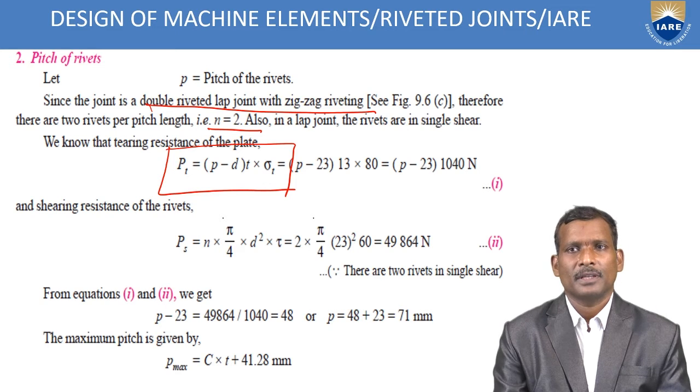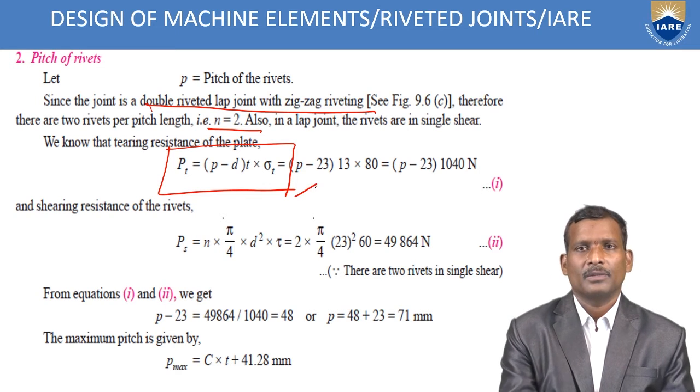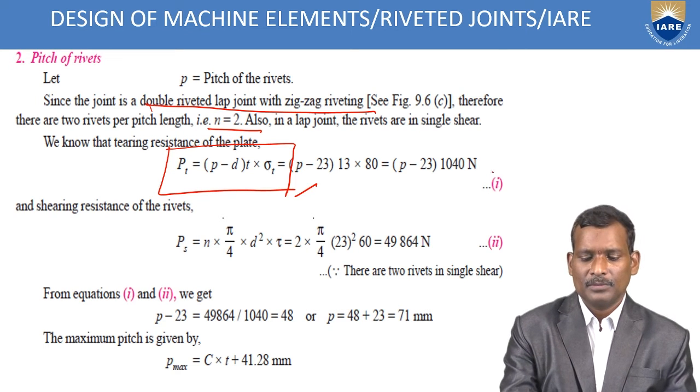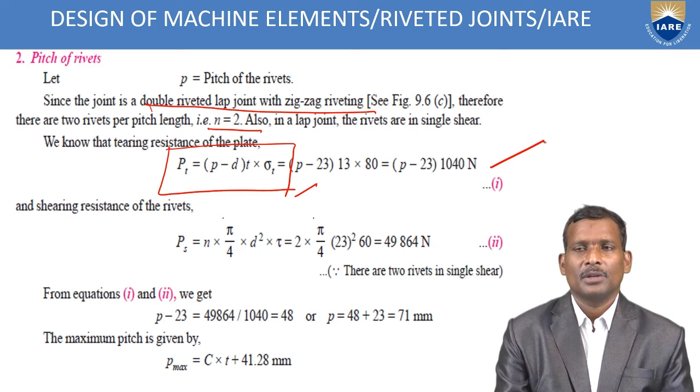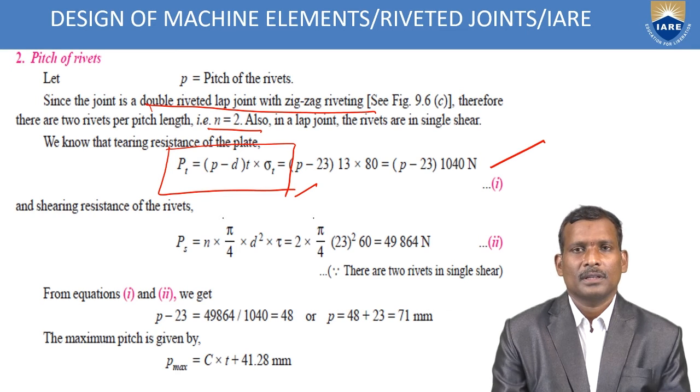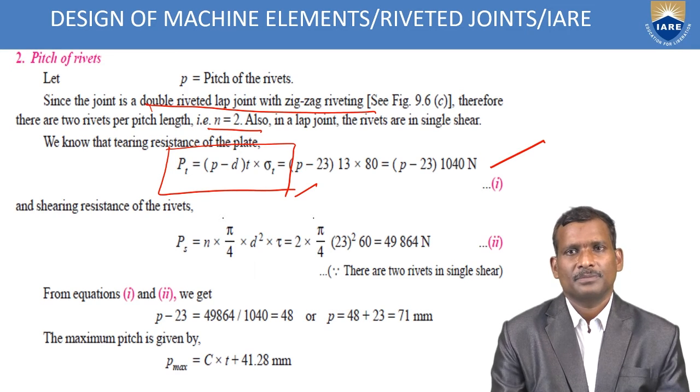So in terms of pitch, you will get the tearing resistance of the plate. The final value is P minus 23 multiplied with 1040 Newtons, in terms of P only. So here the unknown is the pitch.